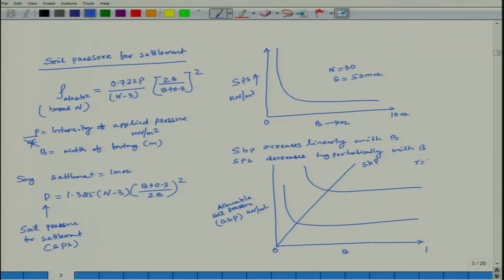Gamma is equal to 10 kilonewton per meter square for plotting this graph. dF by B is equal to 0.5, factor of safety is equal to 2.5, gamma is equal to 16 and N is equal to 30.